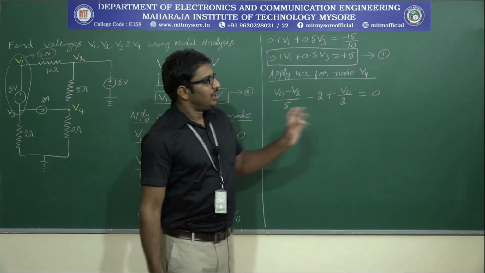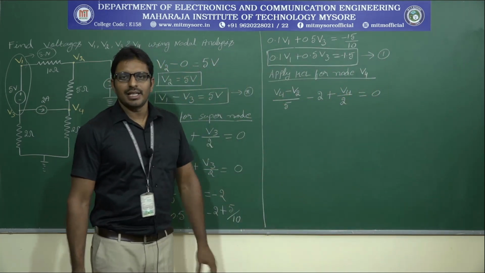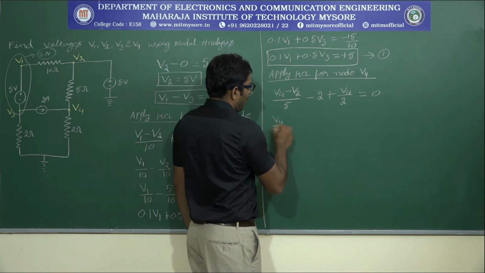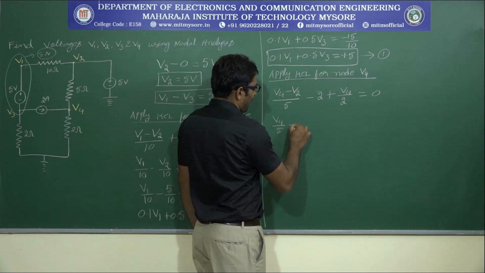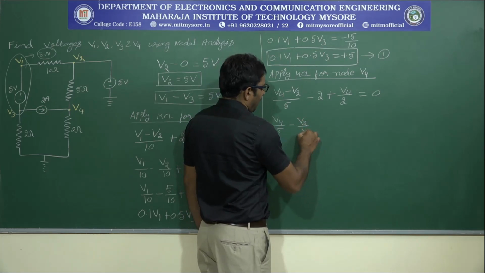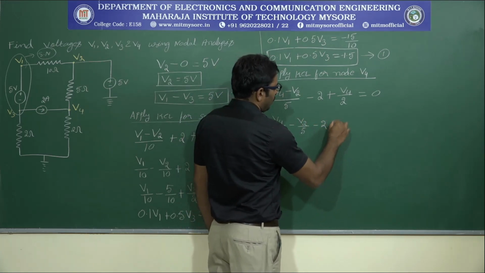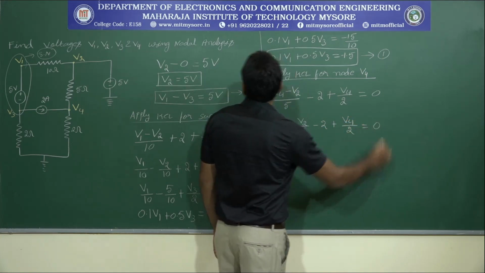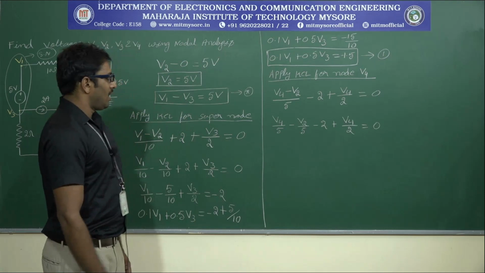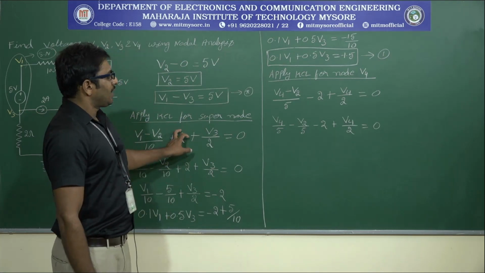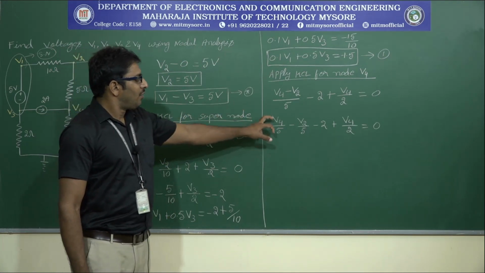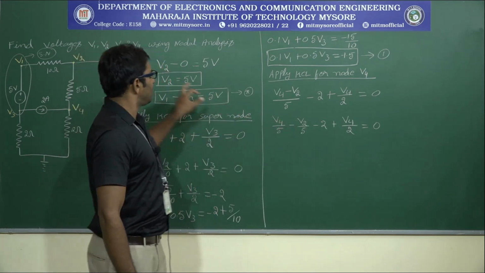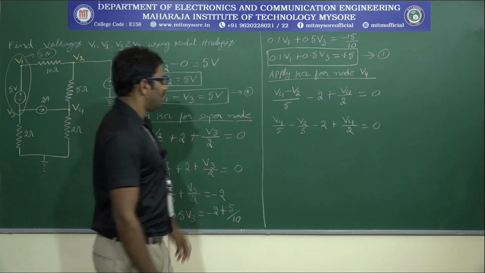Okay. Now again simplify the second KCL equation: V4 by 5 minus V2 by 5 minus 2 plus V4 by 2, that is equal to 0. We need to calculate the value of V4, because we directly know the value of V2. V2 is directly given, how much? 5 volts.